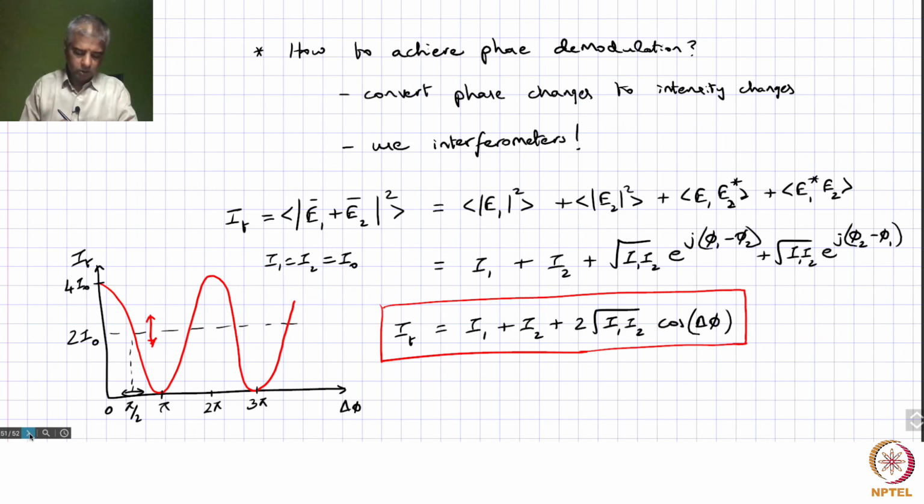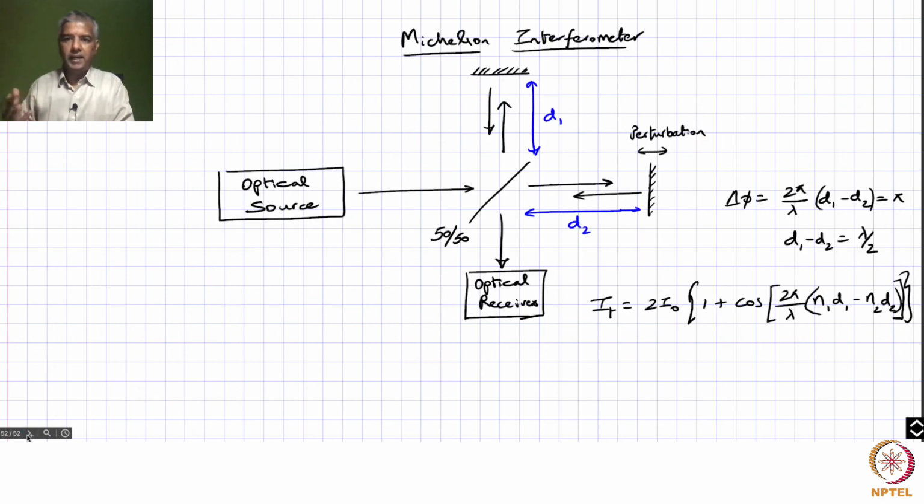Okay, so this is a highly sensitive way of picking up changes in the location. Even if it is sub-micron changes, you can pick it up nicely. Okay, so let's look at the details later.